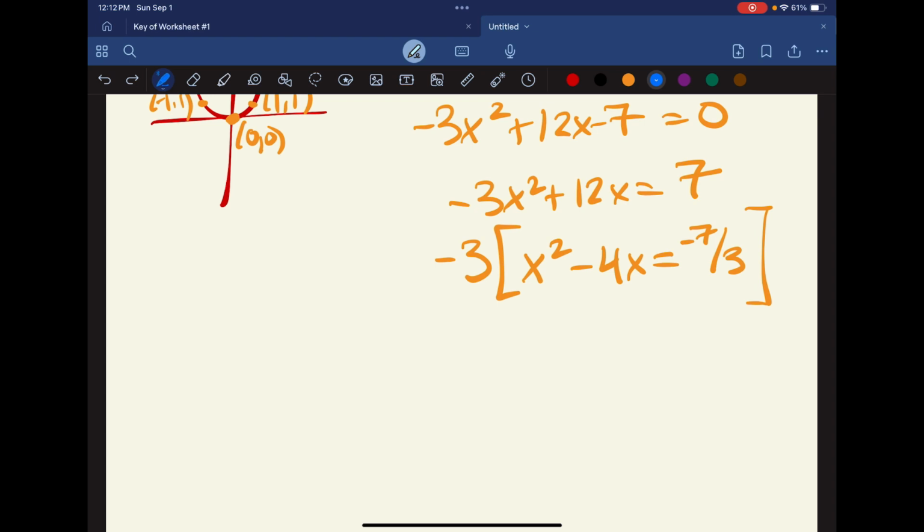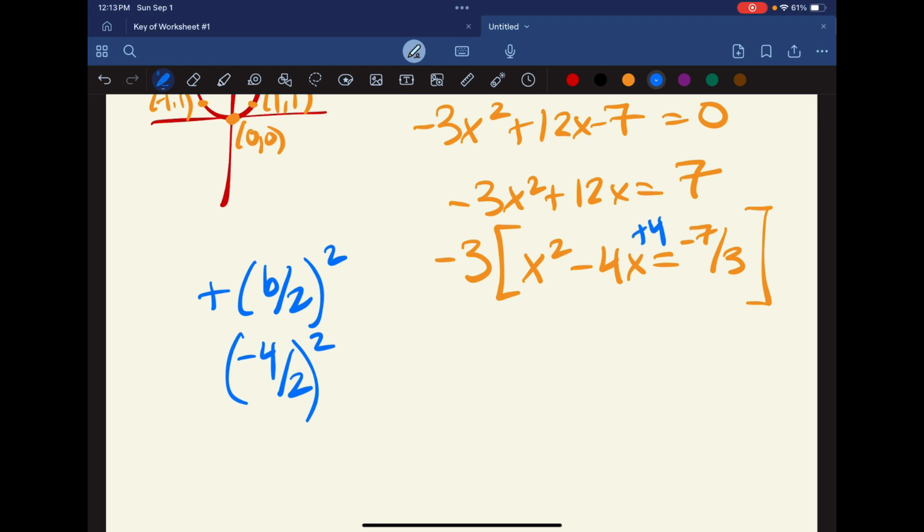So completing the square just involves adding b halves squared to both sides, b being the coefficient of your x term. So the coefficient of our x term is negative 4. Divide that by 2, you get negative 2. Square negative 2, and you get plus 4.